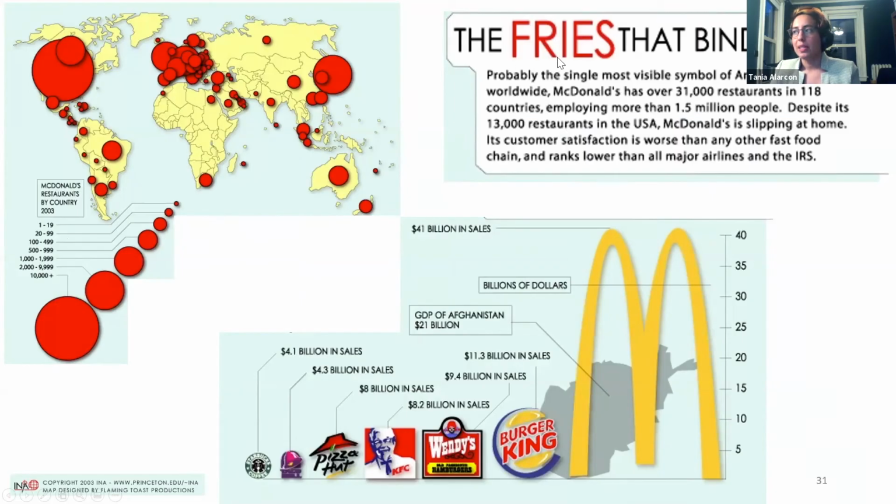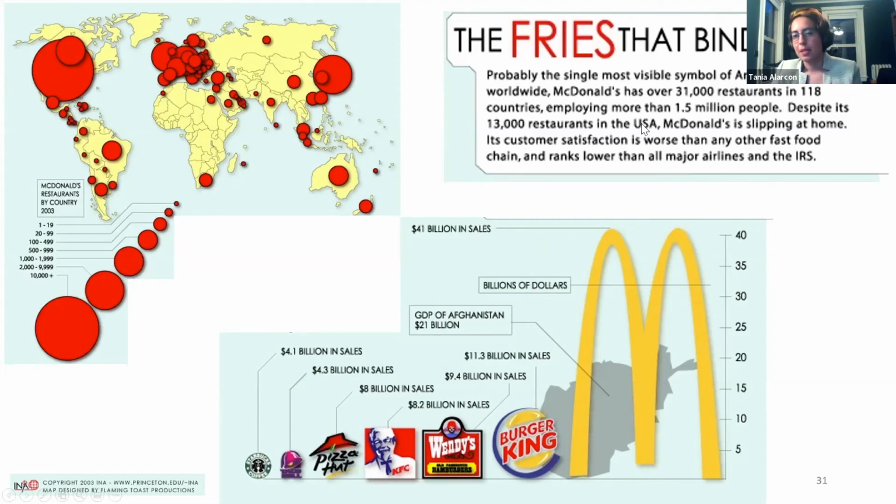And thinking about the text is extremely important because this infographic was designed by Flaming Toast Productions at Princeton University. Talked about the fries that bind us. So it was talking about McDonald's having a certain number of restaurants in these many countries, and it's talking about fries. But then all of a sudden down here, you have Starbucks, and Starbucks doesn't sell fries.